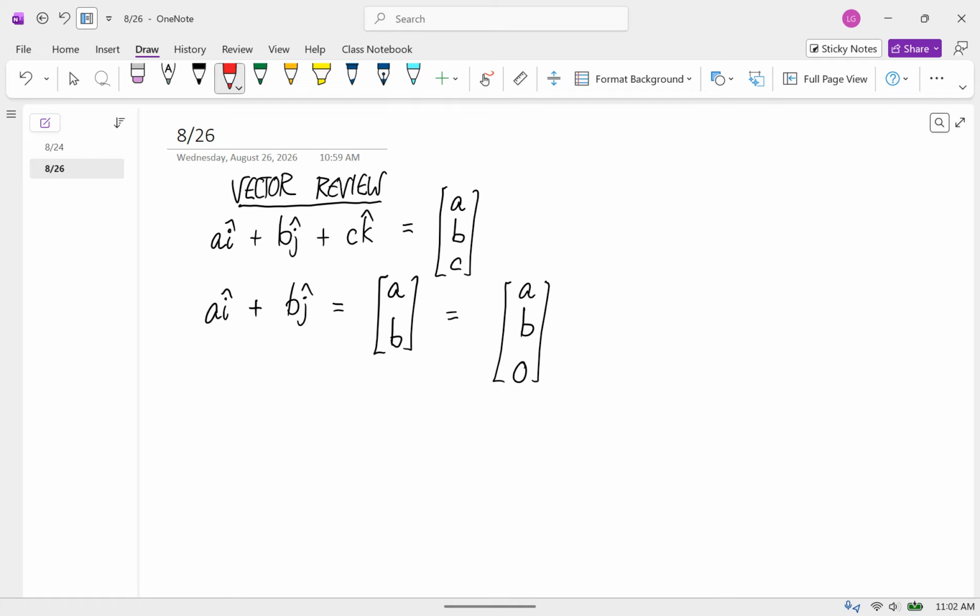Okay, so this is the X component. This is the Y component. And this is the Z component.